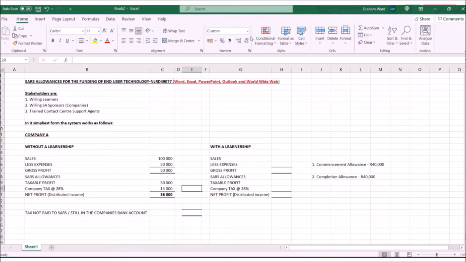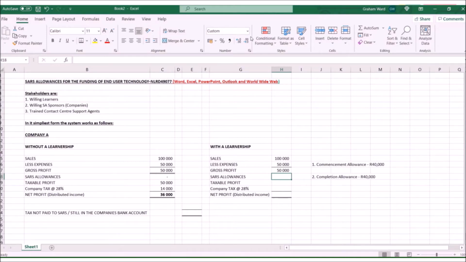Now, let's assume that the company does enter into a learnership. They have the 100,000 Rand sales, they've still got their 50,000 Rand expenses, and again the same gross profit of 50,000, but they do have a learnership which they are putting in play.